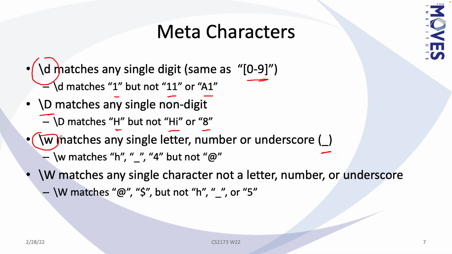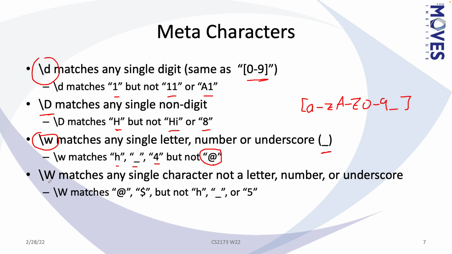So \w is basically equivalent to a through z lowercase, A through Z uppercase, 0 through 9 digit, and underscore, all within a bracket. So instead of writing all this out, you have \w. That'll match h, it'll match underscore, it'll match 4, but it won't match at because that's a special symbol.